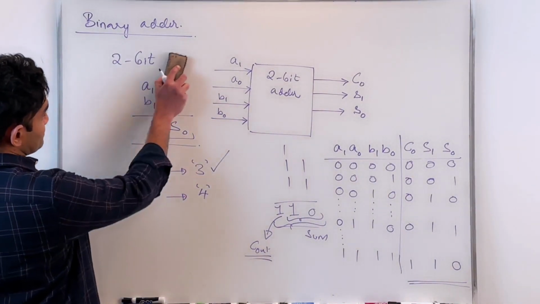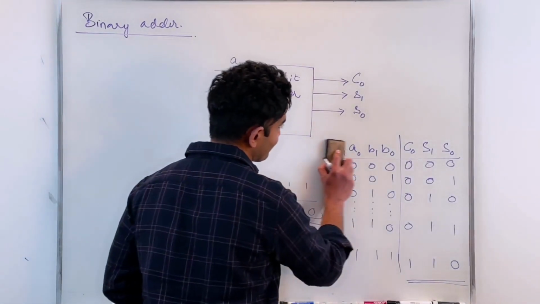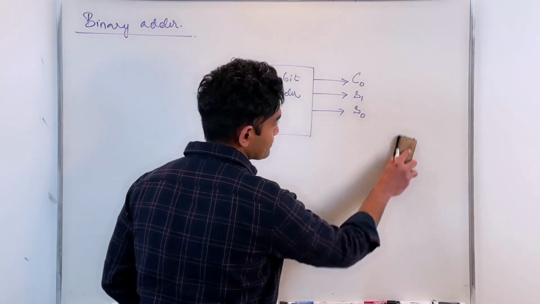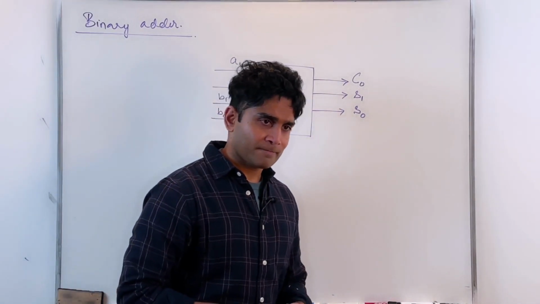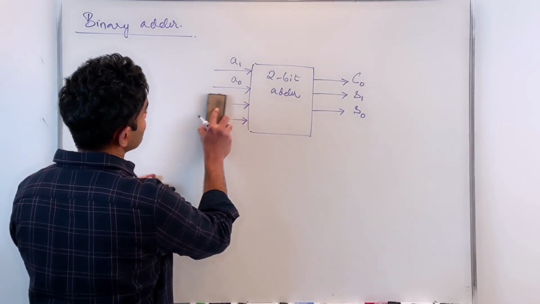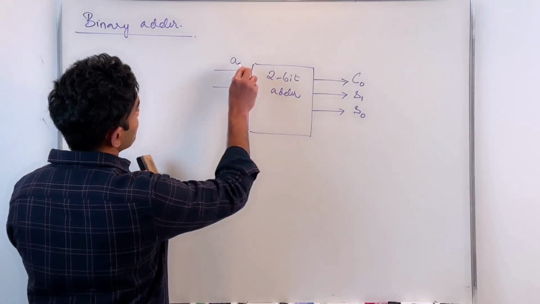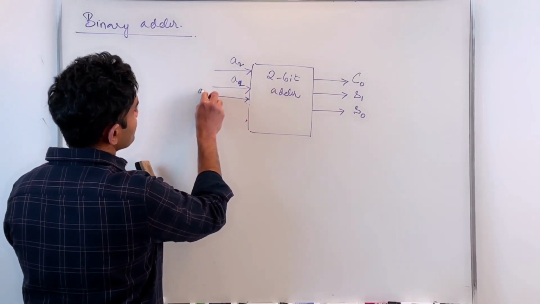What about 3 bits? When I do 3 bits, how many inputs do I have and how many outputs would I have? I'm trying to add two 3-bit numbers together. That means I have an additional bit for A. Let me call that A2, A1, A0.